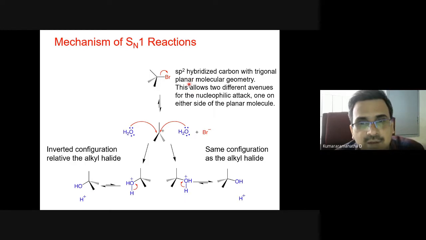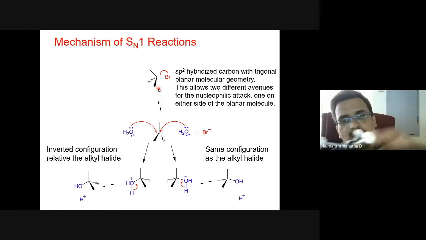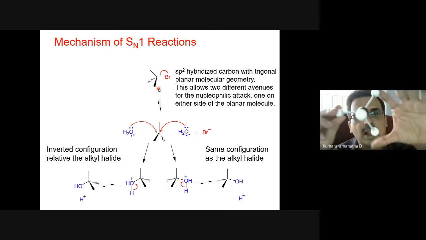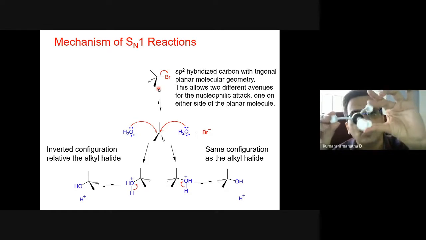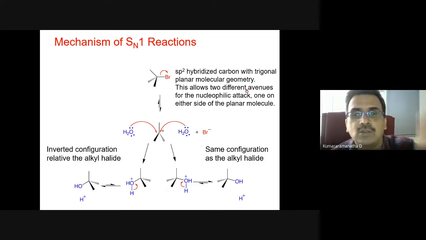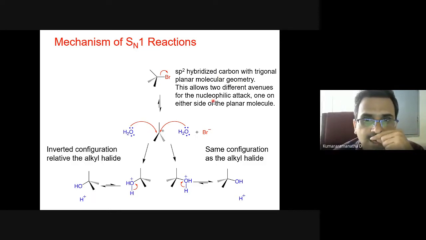In SN1 reaction mechanisms, you can see here, this is the arrangement. As you can see now, you have this bromo compound here, with two groups pointing towards me and one towards you. So this sp2 hybridized carbon atom can have different attacks.